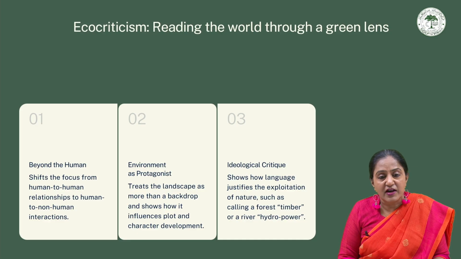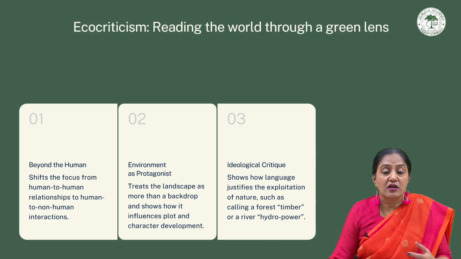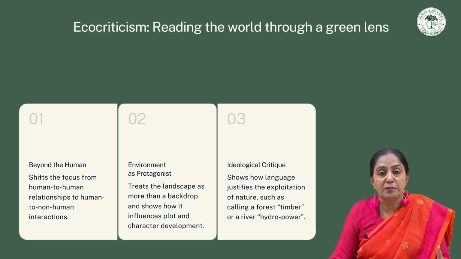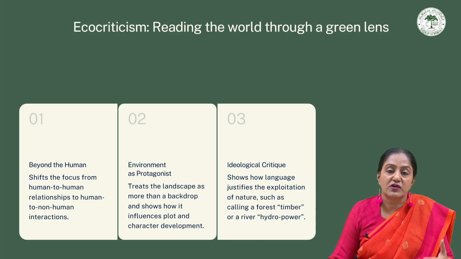So many environmental harms occur gradually, not immediately. Climate change, toxic contamination, groundwater depletion, biodiversity loss, they unfold over long periods because they lack dramatic visibility. They often escape public attention. Literature can make such invisible processes visible.